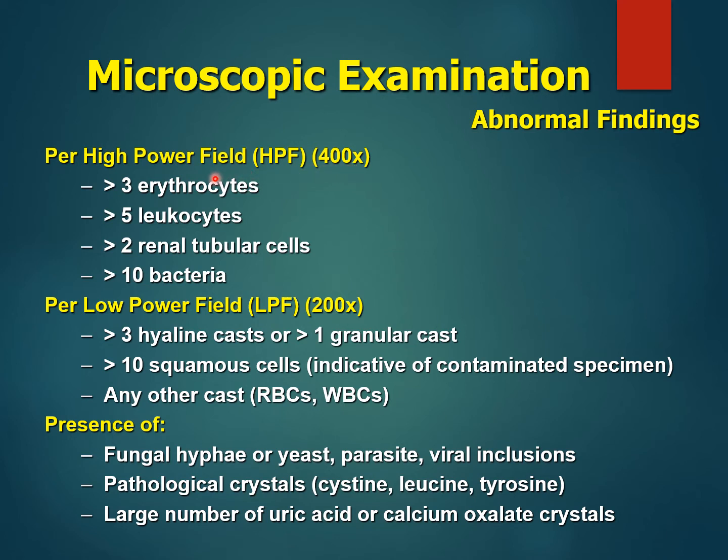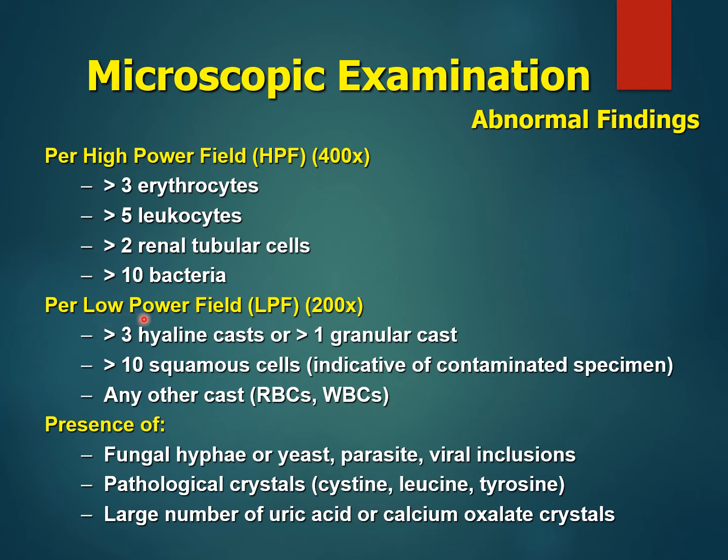If there is more than this, it is pathological: more than 3 erythrocytes, more than 5 leukocytes, 2 renal tubular cells, and more than 10 bacteria. Those are pathological.